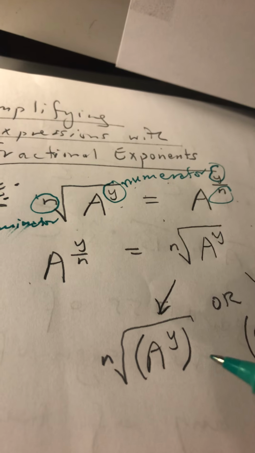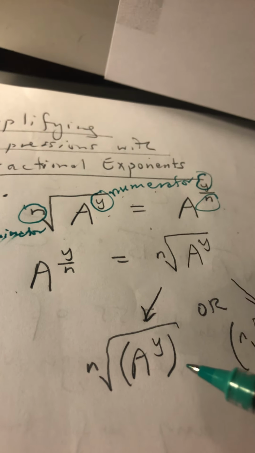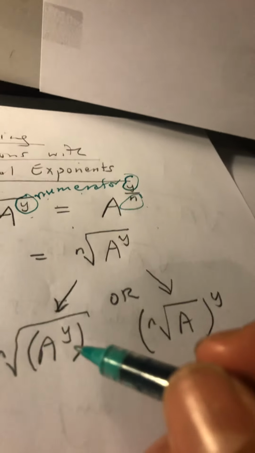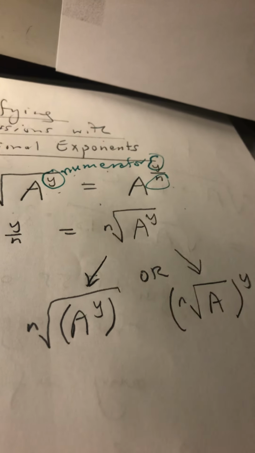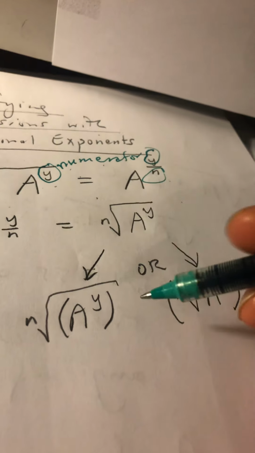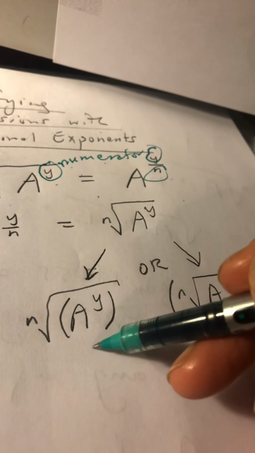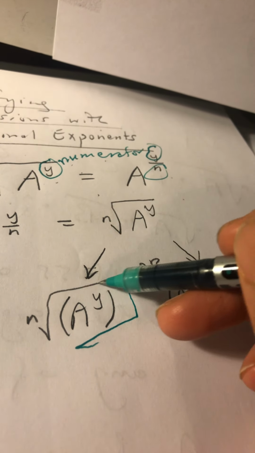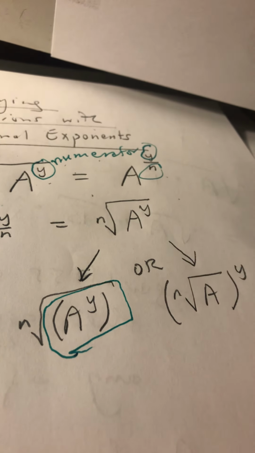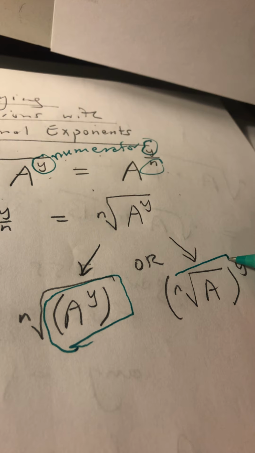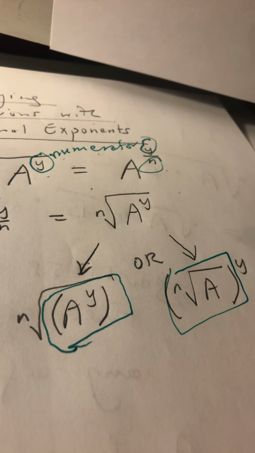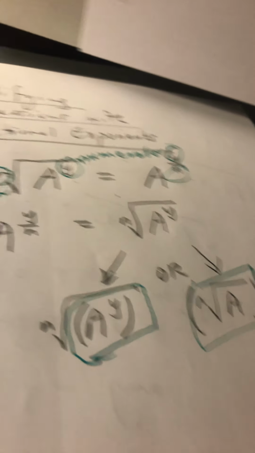So in other words, a to the y over n is equal to the nth root of a to the y, which can be interpreted two ways depending on which process is easier. So you can think of it as the nth root of a to the y, everything here, or you can think of it as the nth root of a now raised to the y power.